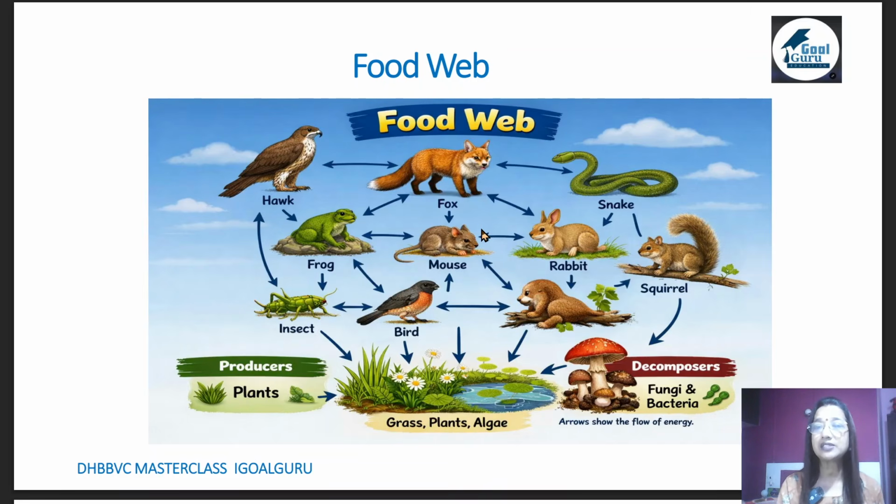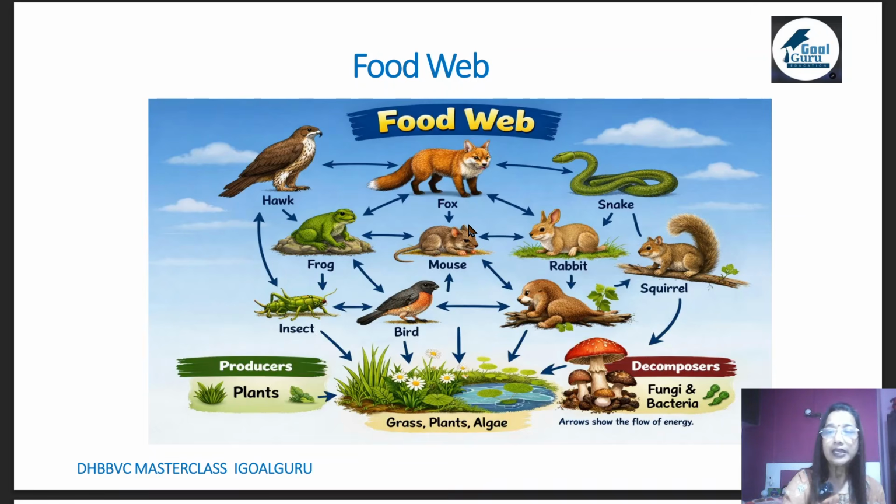It can also be eaten by the owls. It can be eaten again by the foxes, the cats and the hawks. This means organisms usually have more than one food source and more than one predator. This complex network is called a food web.